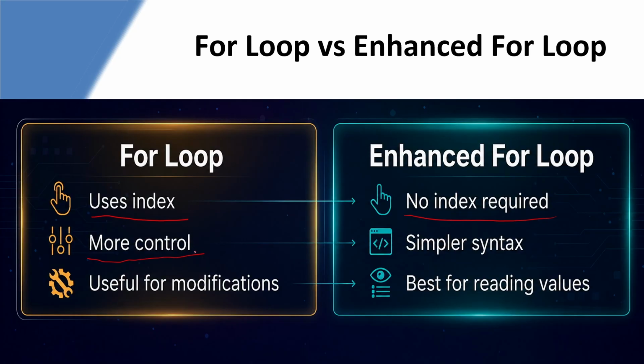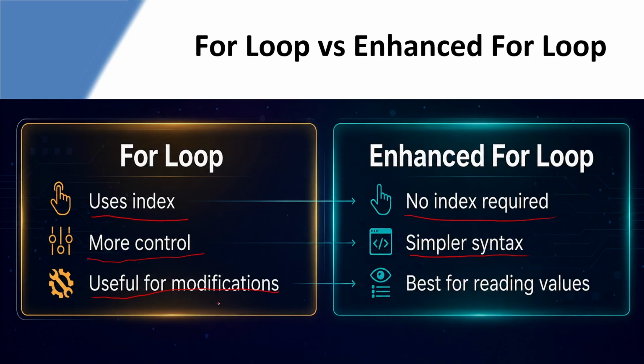Based on different requirements, we can control the for loop. But what is the advantage of using an enhanced for loop? It is simple in syntax. The traditional for loop is useful for modification, like complex problems in which we want some additional condition.